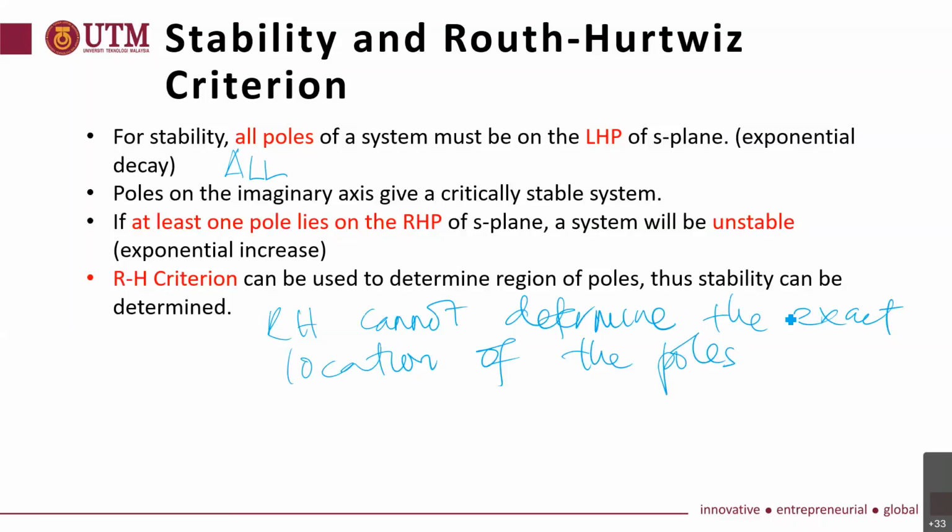For a higher order system, we of course are not able to calculate the poles manually. We can use a computer, of course, such as MATLAB. We can also use an advanced calculator, which can also help us to find the poles. But in this case, in order to determine stability, Routh-Hurwitz is sufficient because we can estimate the region where the poles are located.